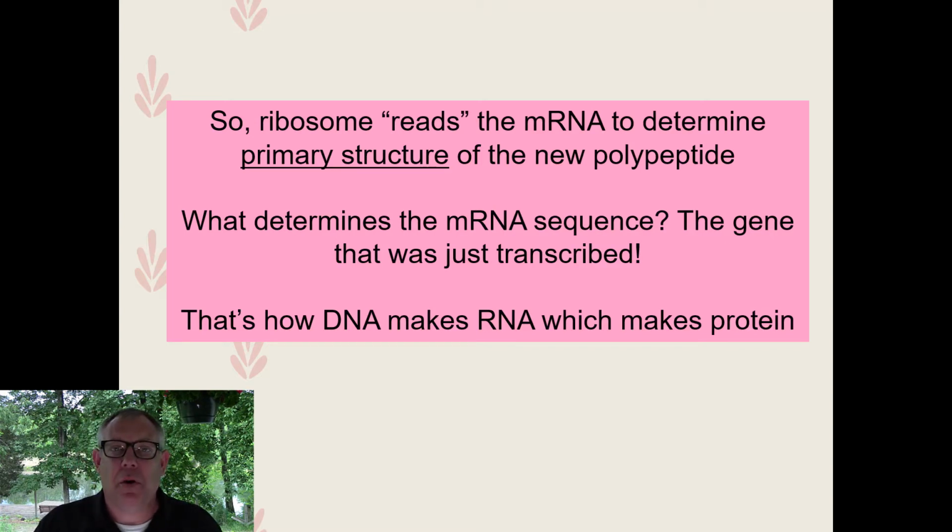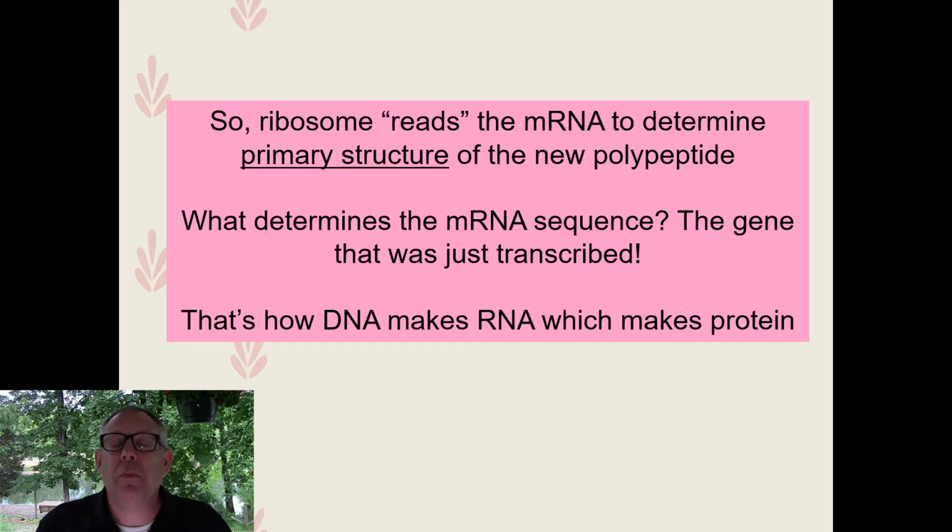So the ribosome is reading the mRNA, and that's determining the primary structure of the polypeptide. You remember, primary structure is the order in which the amino acids go, and that determines everything else. Primary structure determines secondary structure, determines tertiary structure, determines quaternary structure. Change that primary structure and you might change the protein.